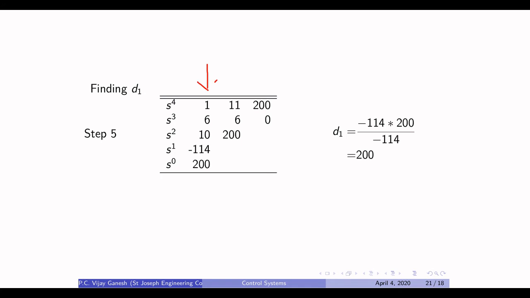Now for Routh's stability, we have to check the first column. Check the sign in all of the first column. You can see S power 4 is plus, S cube is plus, S square is plus, whereas S power 1 is minus and S power 0 is again plus. So there are 2 sign changes, from S square to S power 0. That means there are 2 poles on the right hand side of the plane.